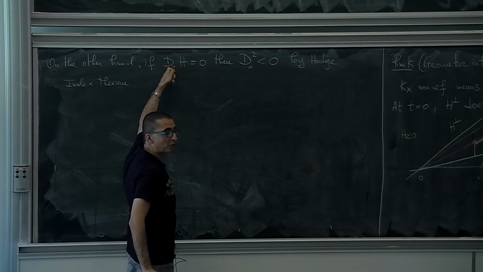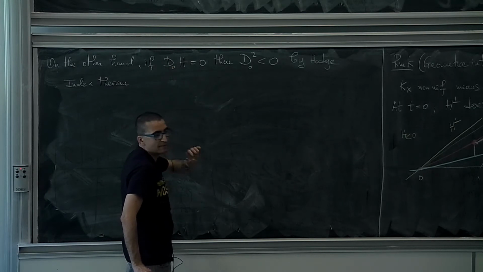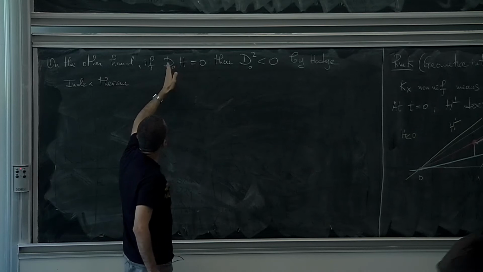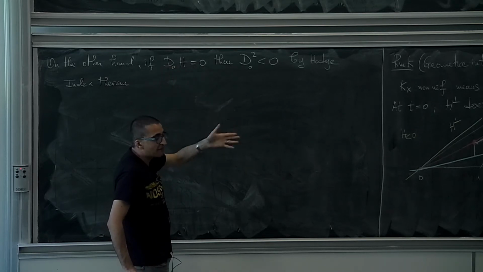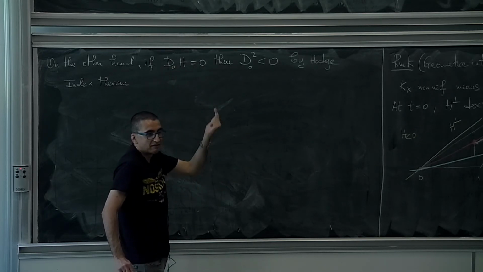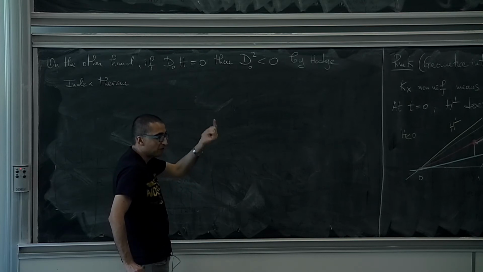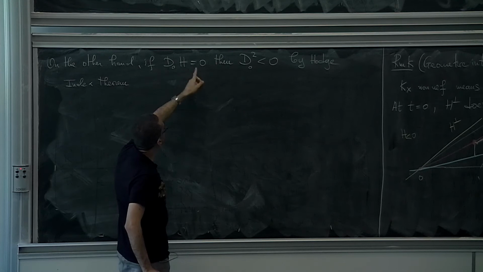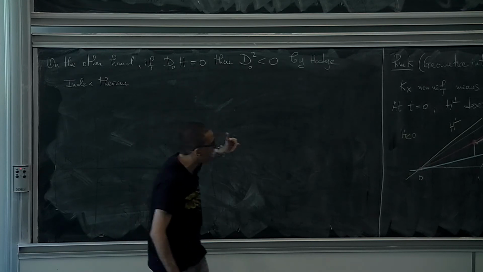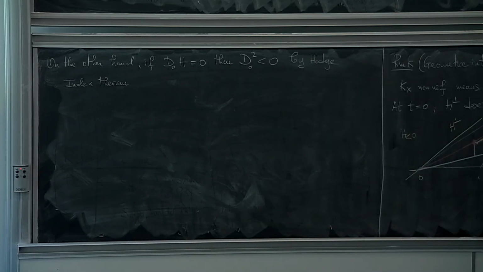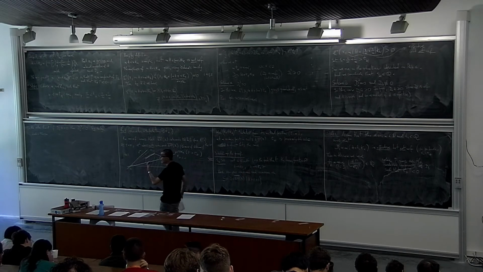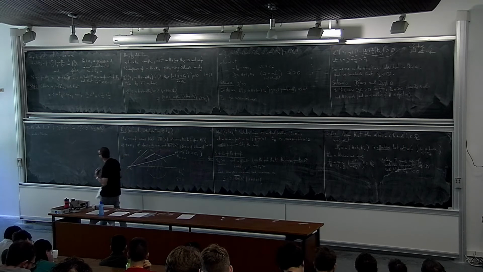So d0 is in the orthogonal. Since it is in the orthogonal, either it's 0, which means numerically trivial because we are in Num, or it must have negative self-intersection, because the intersection form has signature 1, rho minus 1. In this case we are assuming that d0 is not numerically trivial, so necessarily it should have negative self-intersection by the Hodge index theorem.